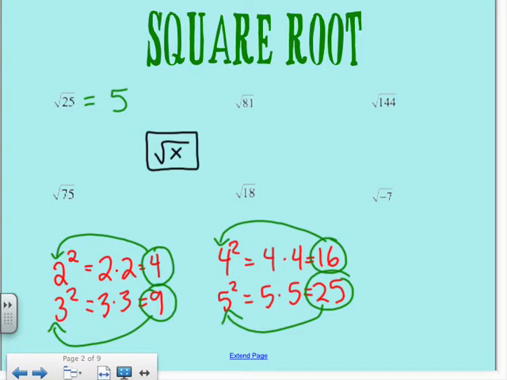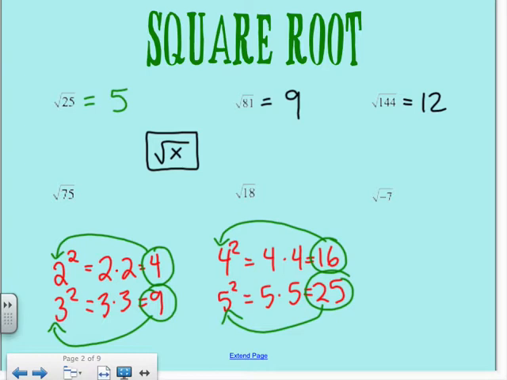All right, so this next one, you probably don't even need a calculator, hopefully, because hopefully you'll notice that the square root of 81 is 9, because 9 times 9 is 81. The square root of 144 is 12, because 12 times 12 is 144. Then we start getting into some that aren't whole numbers, right?